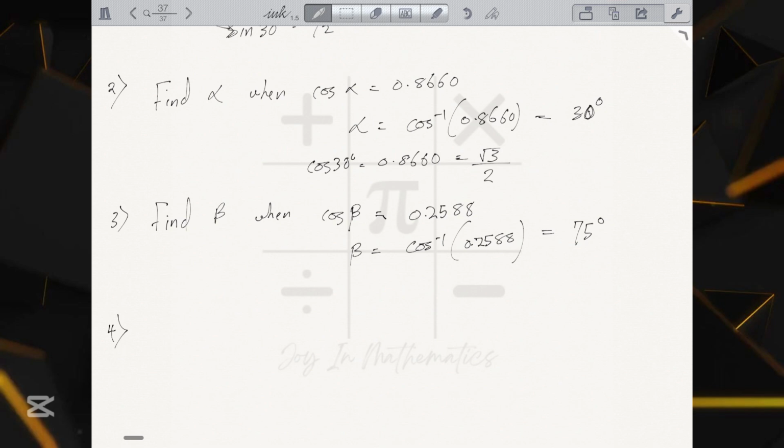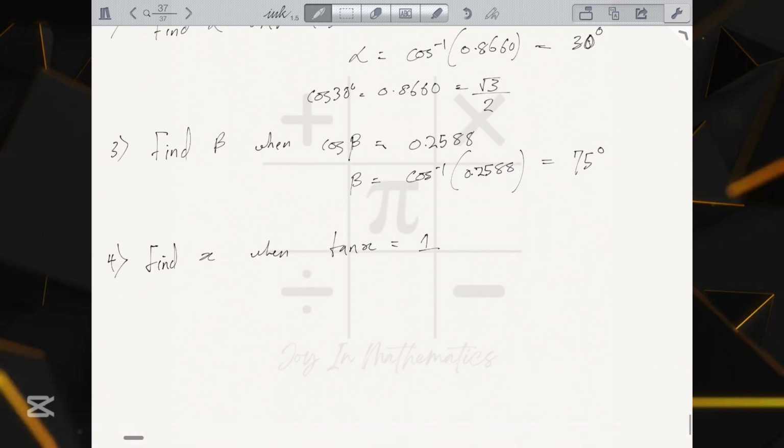Let's take a final question on, let's say, tan. We're asked to evaluate, let's call this x, when tan x is equals to 1. We are asked to evaluate x when tan x is equals to 1. And the questioner says, leave your answer in radians.